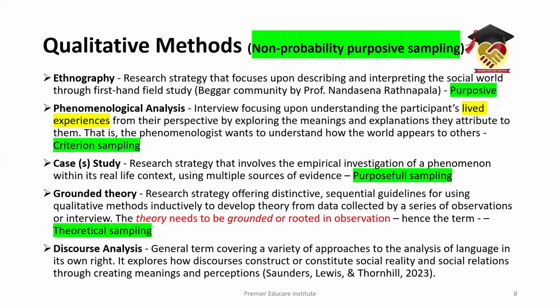You have to live with them, go with them, and learn their patterns, routines, expressions, attitudes. It's very difficult, and there you should have at least 50, 60 samples, but for all other qualitative methods less than 20. But for grounded theory you need somewhere around 50. So grounded theory is very important.